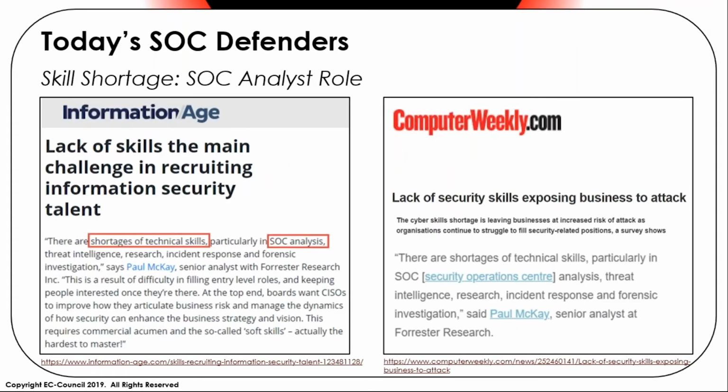We are all well aware that there is a skill shortage as far as the cybersecurity industry is concerned. It only takes a quick Google, a quick look at some news pages, Computer Weekly and Information Age here, that showcase that security operations analysts have a shortage of technical skills.